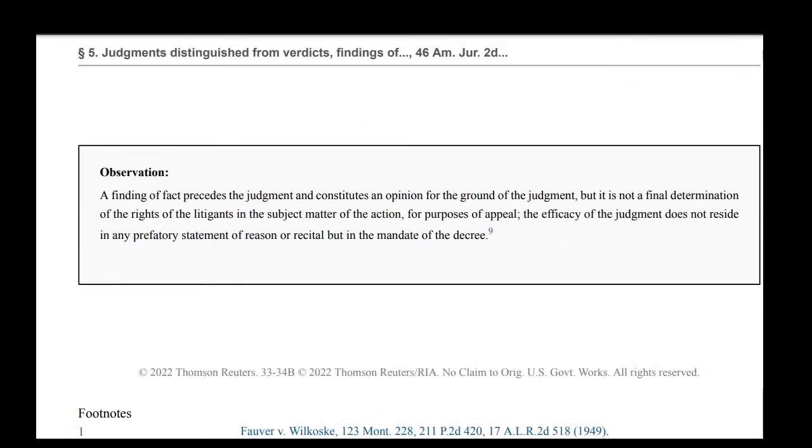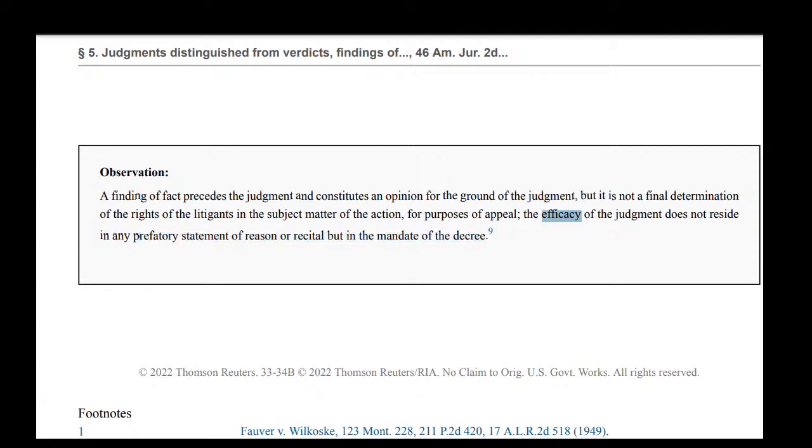All right, so here's another observation. A finding of fact precedes the judgment and constitutes an opinion for the ground of the judgment, but is not a final determination of the rights of the litigants in the subject matter of the action for purposes of appeal. The efficacy of the judgment does not reside in any prefatory statement of reason or recital, but in the mandate of the decree.